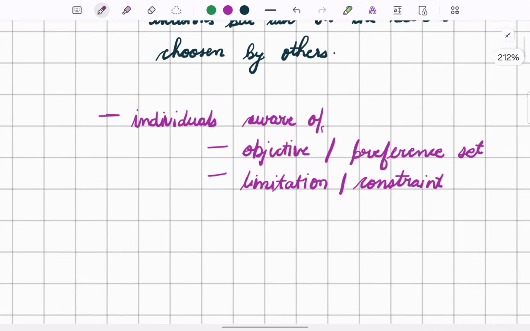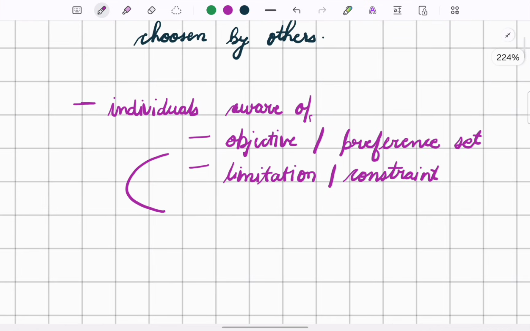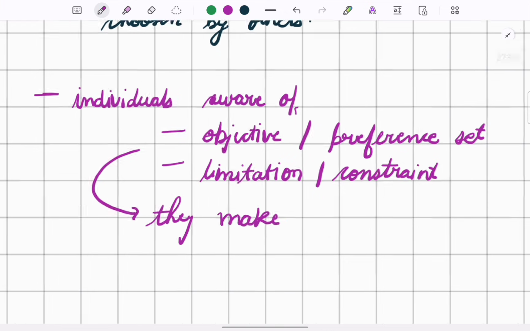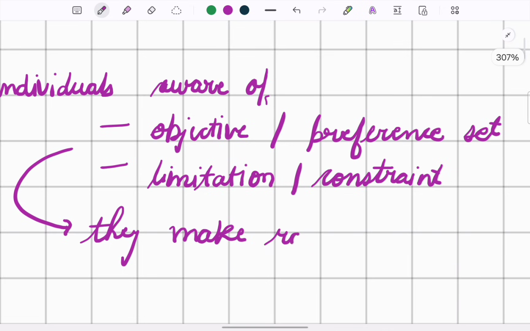And knowing all this, they make their rational decisions.